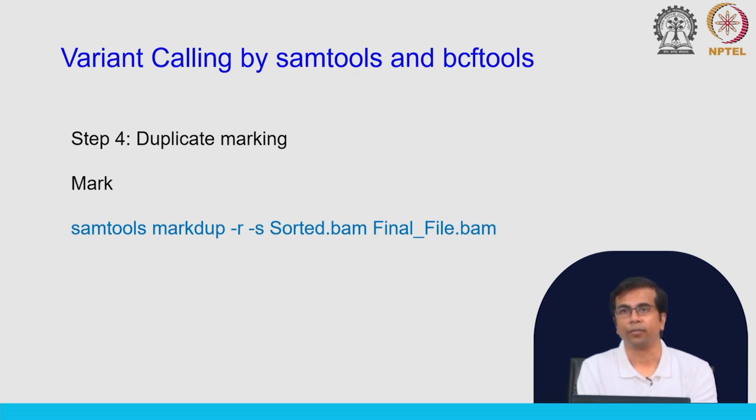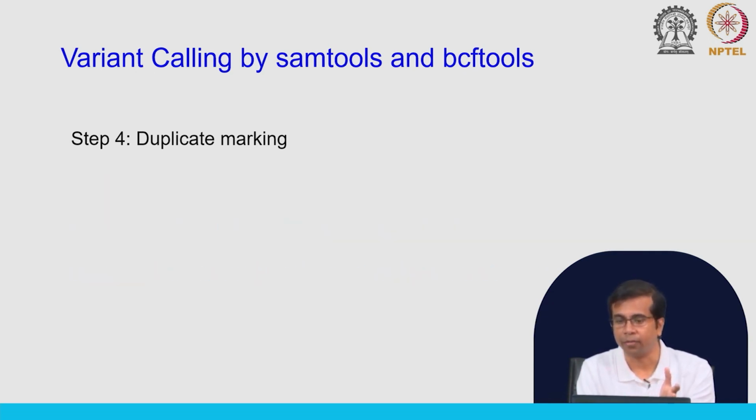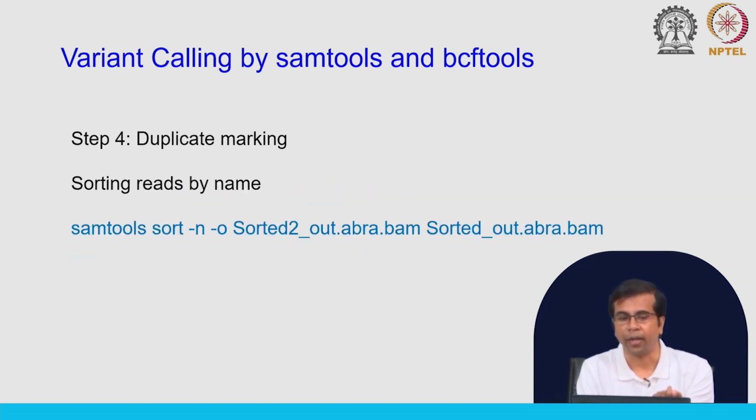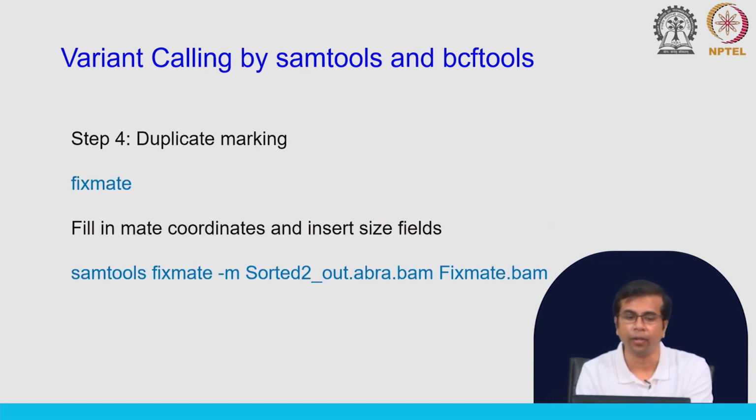So there are actually 4 steps here. First, after this realignment, we have to sort reads by name using this command, and you see we have used samtools sort, we simply need to use the -n option. Once we have done that, we use the fixmate command.